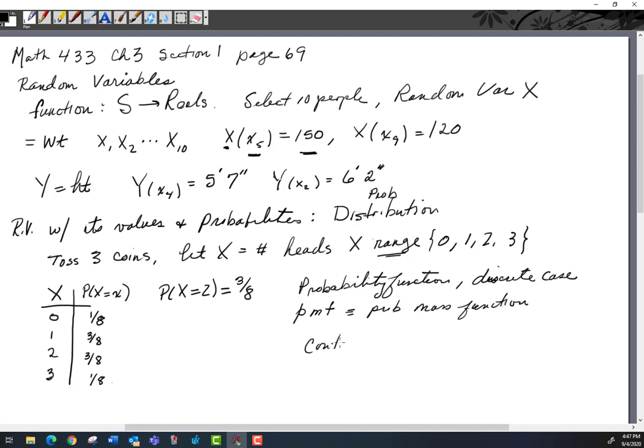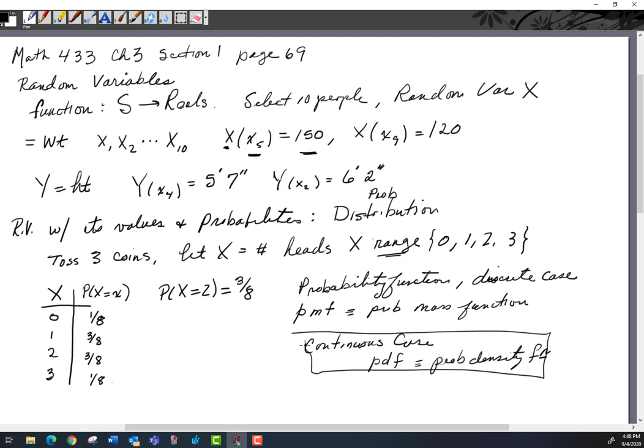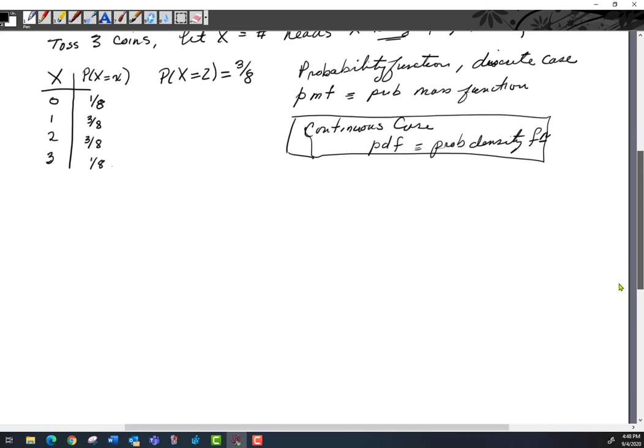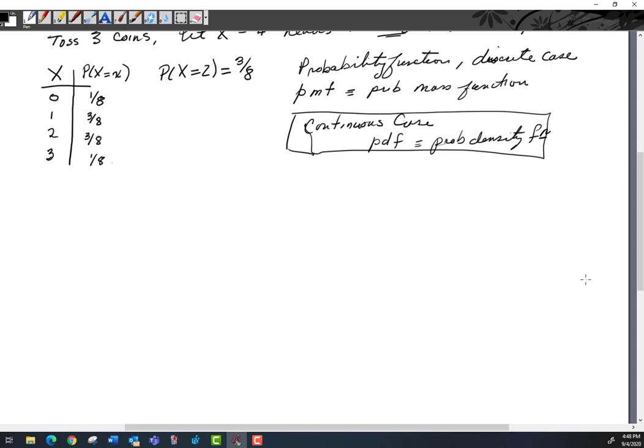In the continuous case, it would be called a probability density function. And the probability density function we're going to save until the next lecture. We're going to deal today with the probability mass function.